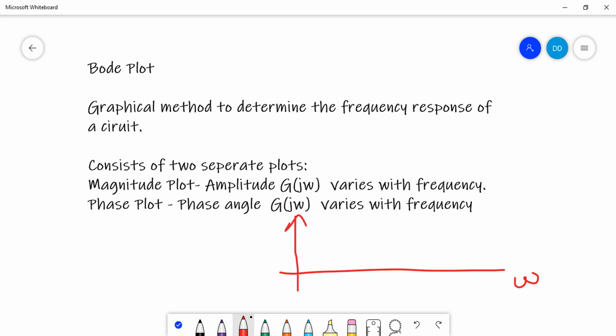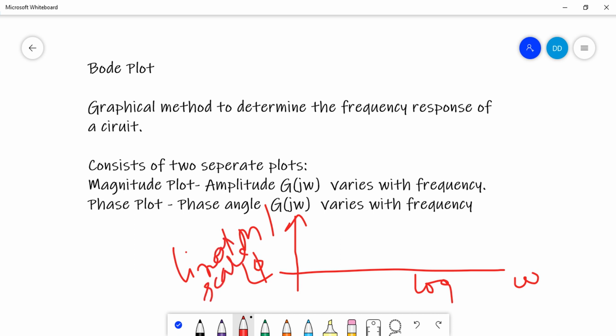So either your magnitude or the phase angle will be plotted on the linear vertical scale. A graph paper with horizontal axis in logarithmic scale and vertical axis in linear scale, we call it semilog paper. So the x-axis will be the logarithmic scale, whereas the y-axis will be the linear scale.